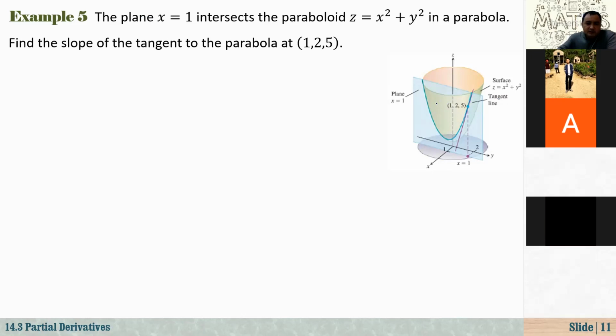X equals 1. Also you can understand this since z is equal to, when x equals 1, 1 plus y squared. So now we are considering this in this plane.